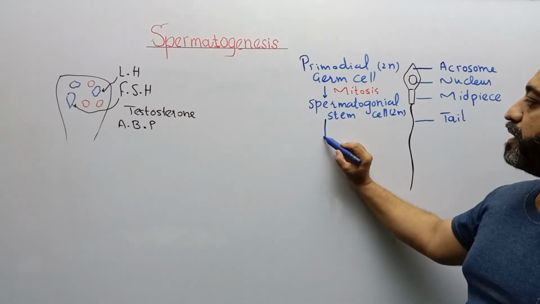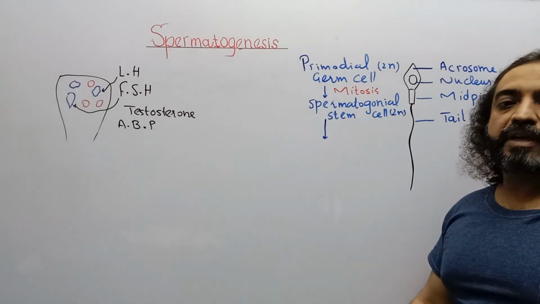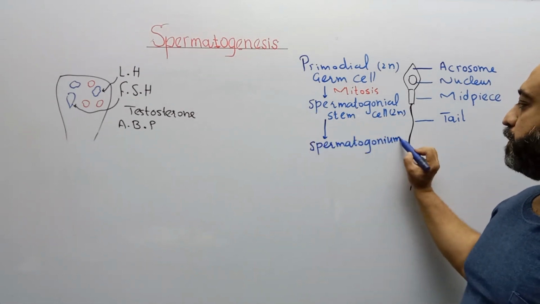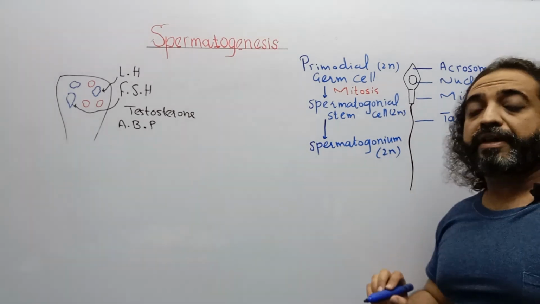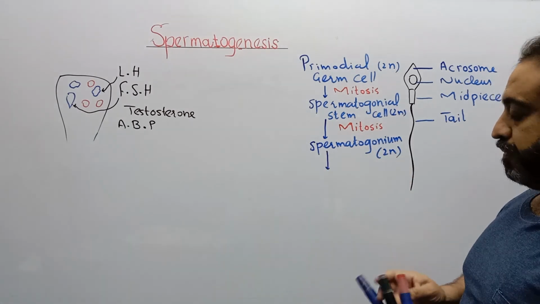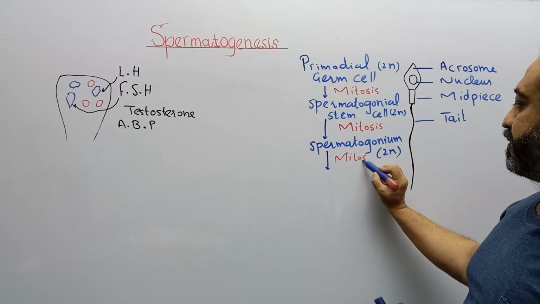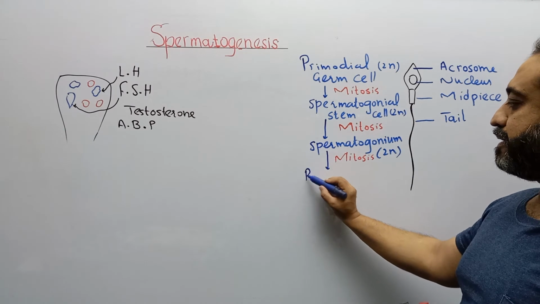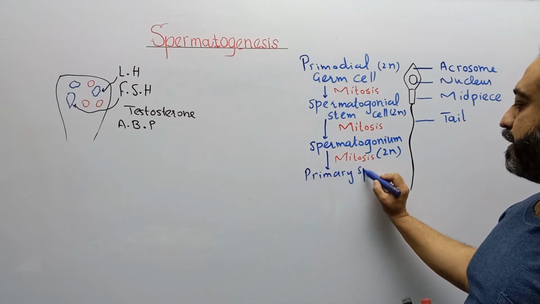These spermatogonial cells by mitosis produce spermatogonium, another cell. Because mitosis occurs again, it is again 2n. Spermatogonium again divides by mitosis to produce another cell called the primary spermatocyte.